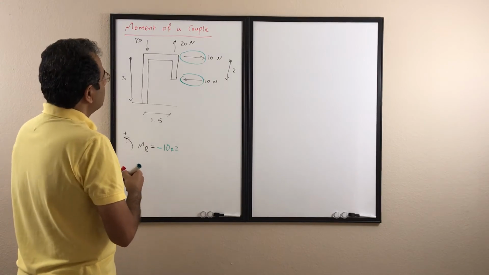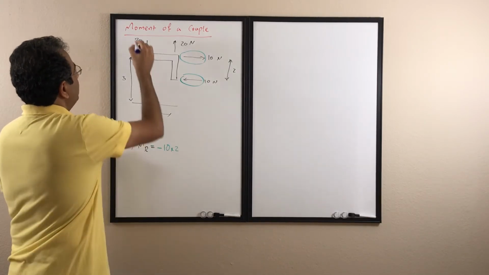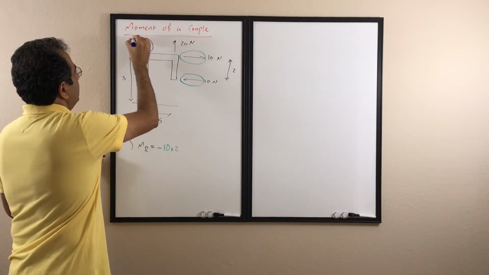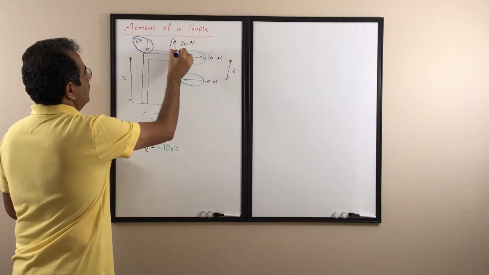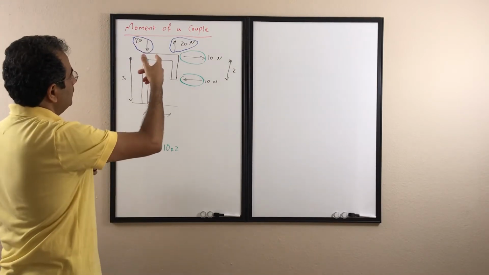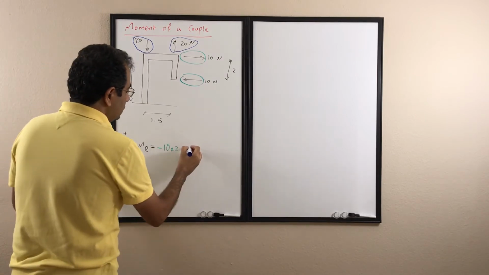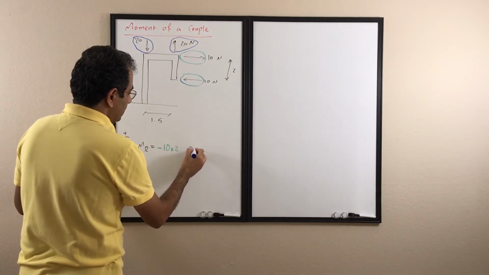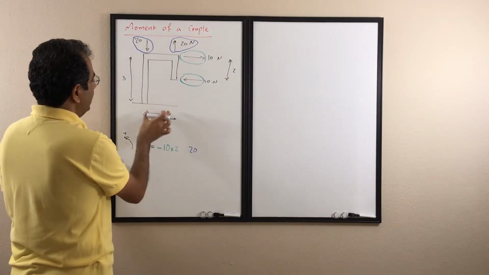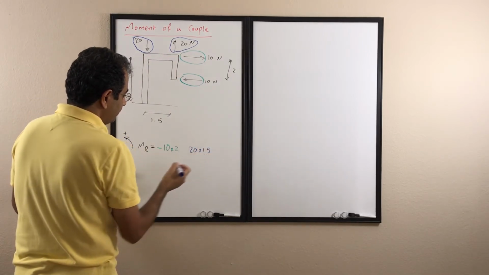Then we look at the second couple. These two are also a couple, equal in magnitude and opposite in direction. Their magnitude is F equal to 20, and the normal distance between them is 1.5.